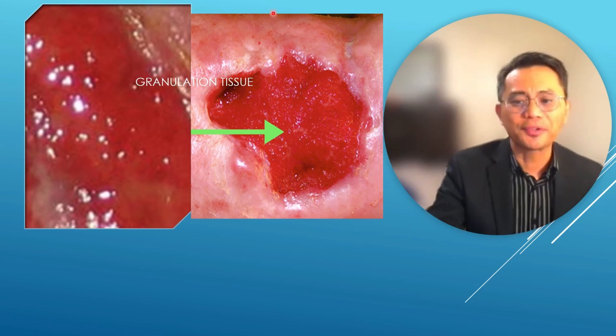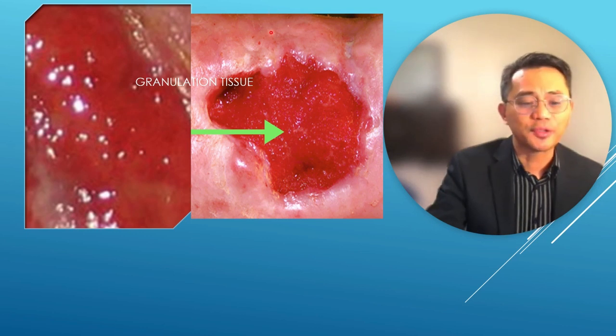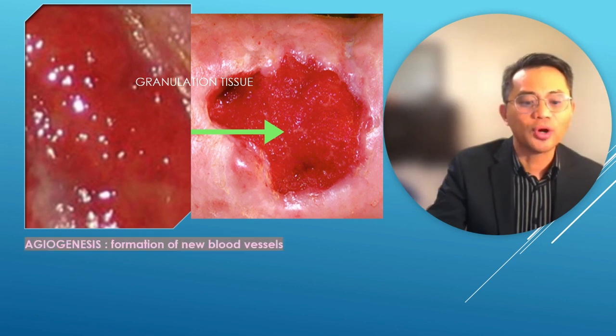During the proliferative phase of healing, you know that there are different phases of healing, correct? So the formation of new blood vessels must happen. There is what we call the process of angiogenesis, which is the formation of new blood vessels.